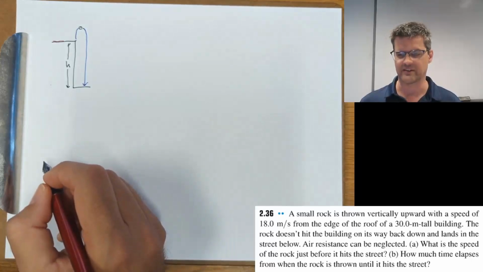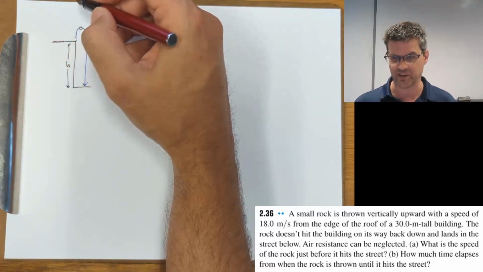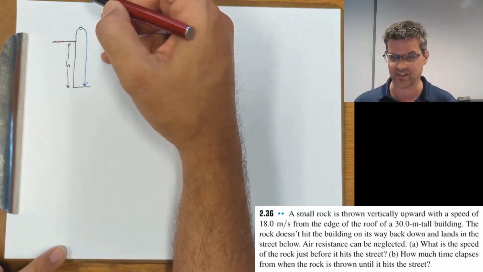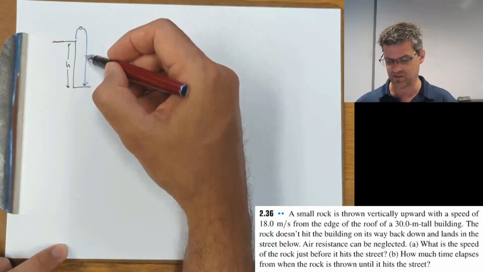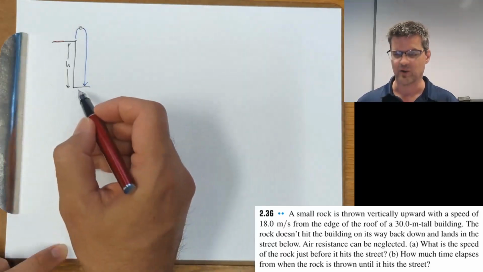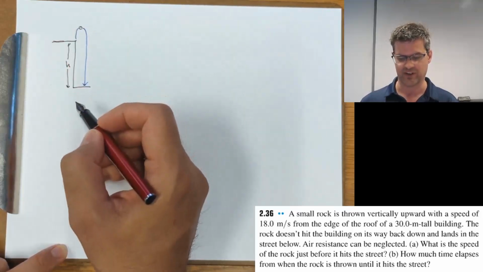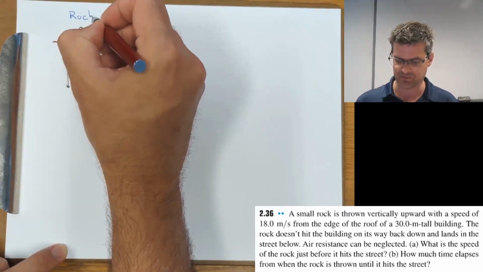It goes like this. So we're told that at time t equals 0, it's thrown off the building. It has an initial velocity that is upward, and it goes up for a while, it turns around and goes down to the ground without hitting the building. So we see motion that looks a lot like this for our rock problem.